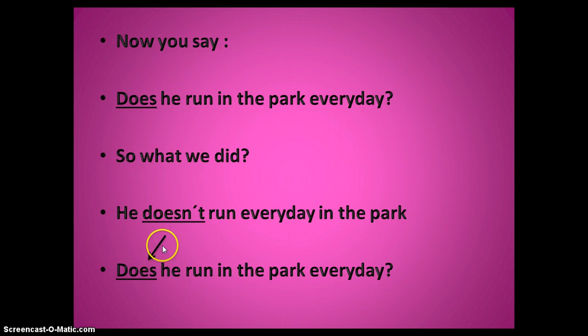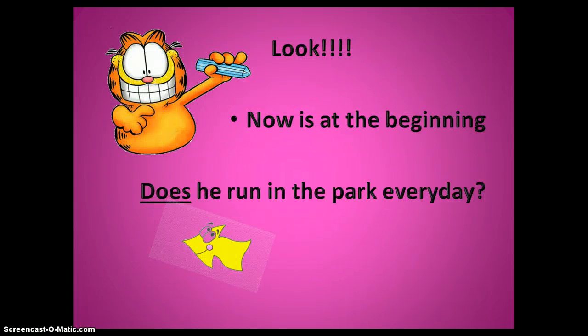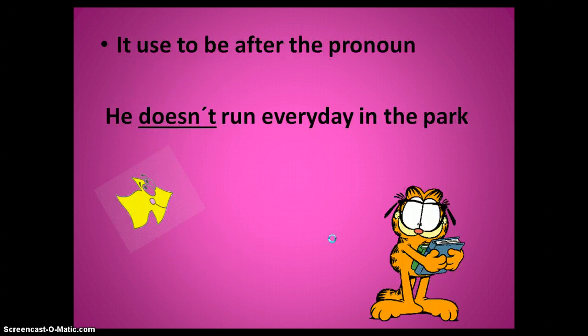So you have the arrow that is showing the changing. So now is at the beginning, right? Does he run in the park every day? Always at the beginning. And if it was in a negative, you have to use it after the pronoun. He doesn't run every day in the park.